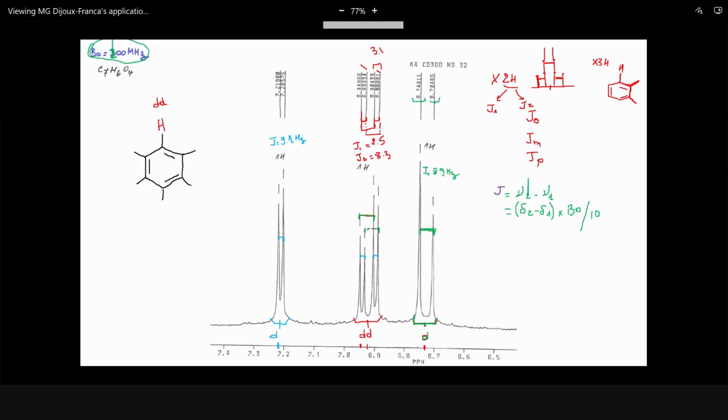It's 8.8 here, 8.8 hertz. Okay, nearly 8.9.